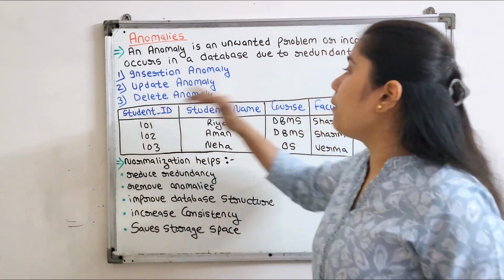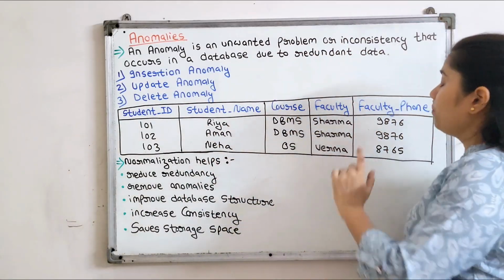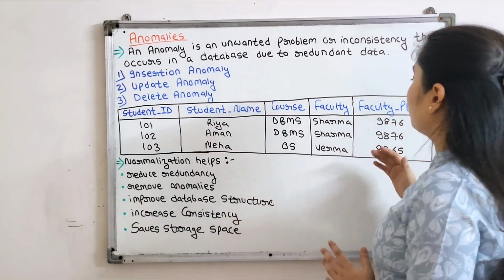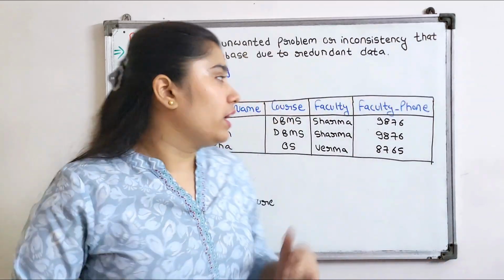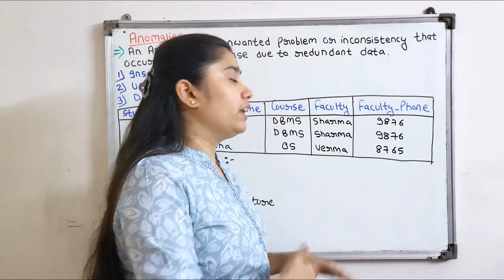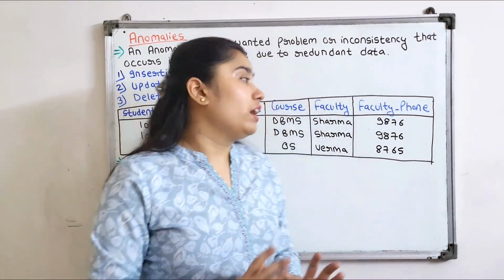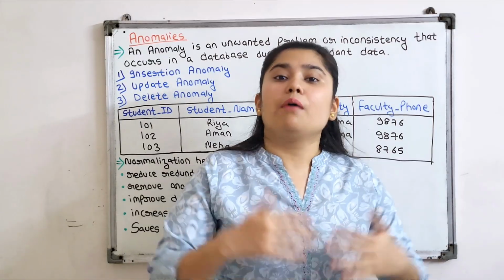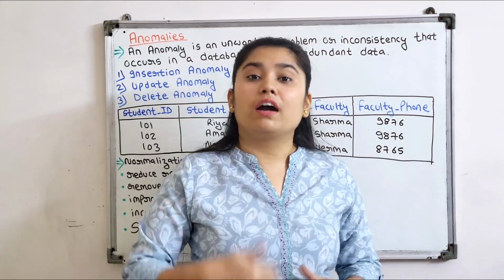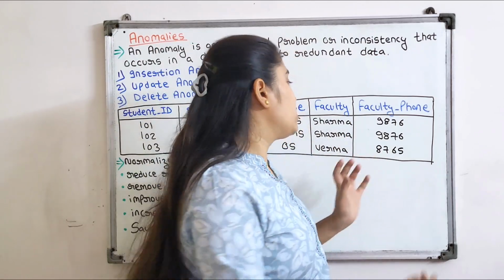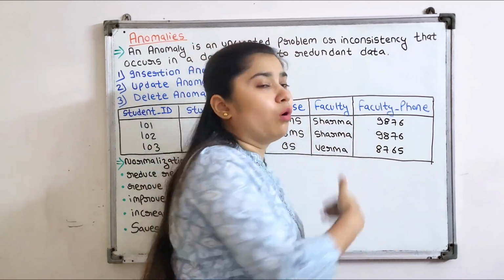Now second, the update anomaly. Suppose Sharma has changed his phone number, so we have to update it. Here we have the phone number in multiple rows, so we have to update it in all of them. But if any one row is left unchanged, the data becomes incorrect.